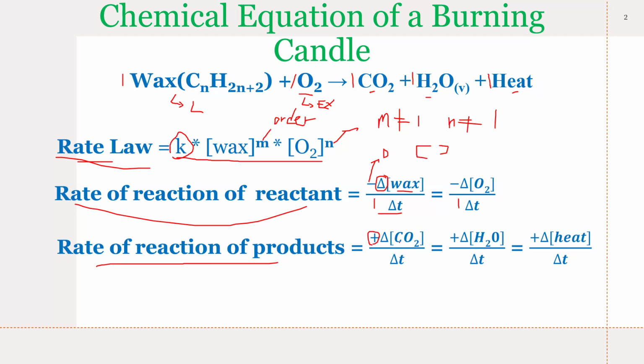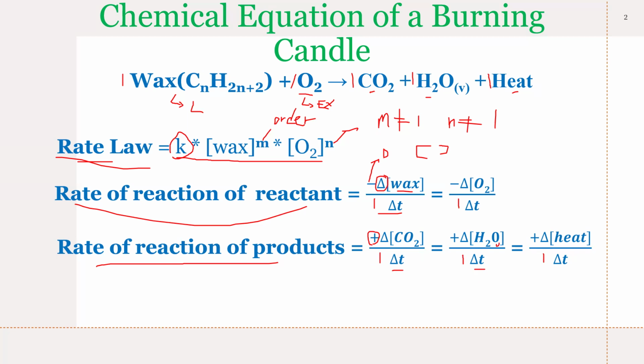The CO2 level will be increasing. So we have change in the concentration of CO2 with time. We have change in concentration of water vapor with time, okay? Then we have change in concentration of heat also with time, okay? Great. Now what we need to do is divide each of these equations by their stoichiometric coefficient. So we have 1, we have 1, and we have 1.